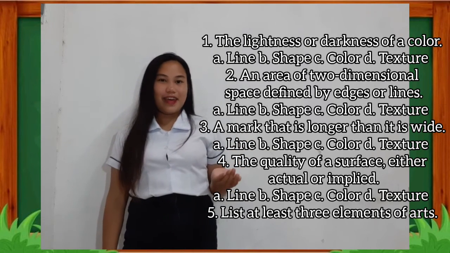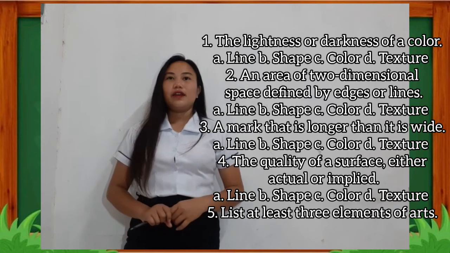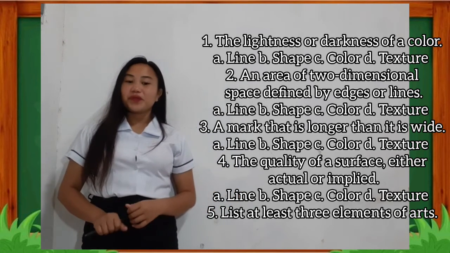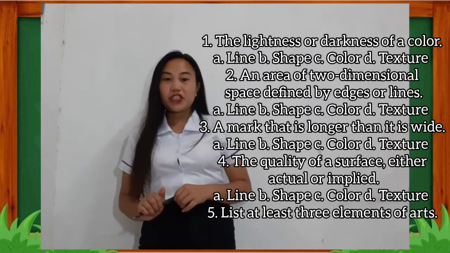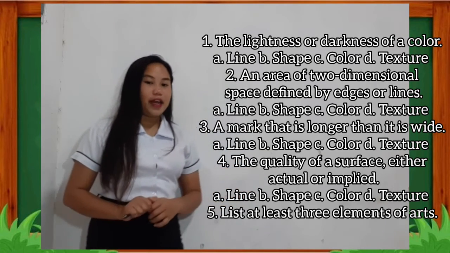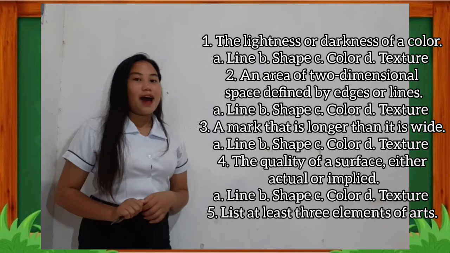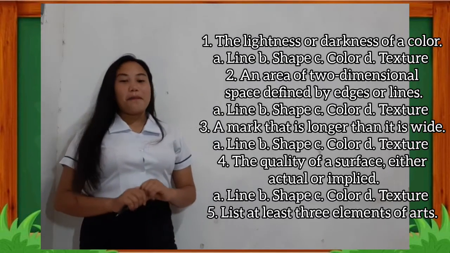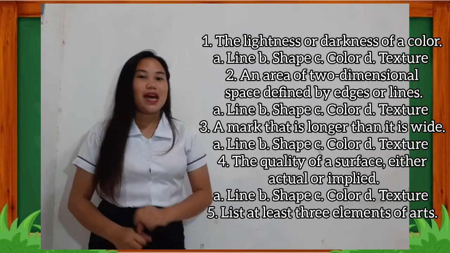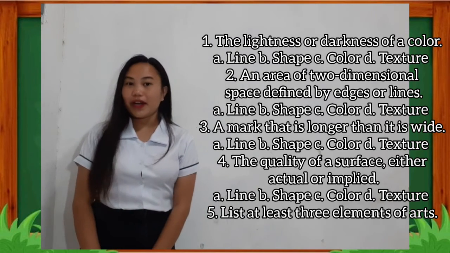D. Texture. Done? Number 2. An area of two-dimensional space defined by edges or lines. A. Line. B. Shape. C. Color.